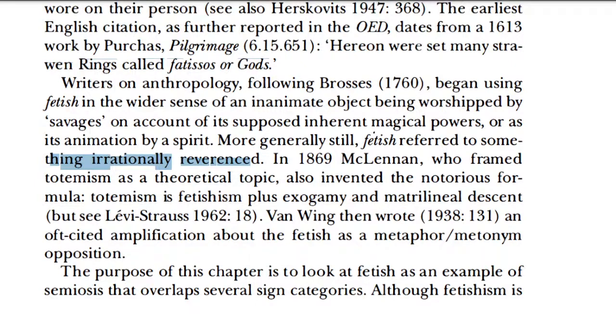In 1869, McLennan, who framed totemism as a theoretical topic, also invented the notorious formula: totemism is fetishism plus exogamy and matrilineal descent. Jesus. But see Levi-Strauss, 1960, whatever. Van Wing then wrote, 1938, an offside amplification about the fetish as a metaphor, metonym opposition.